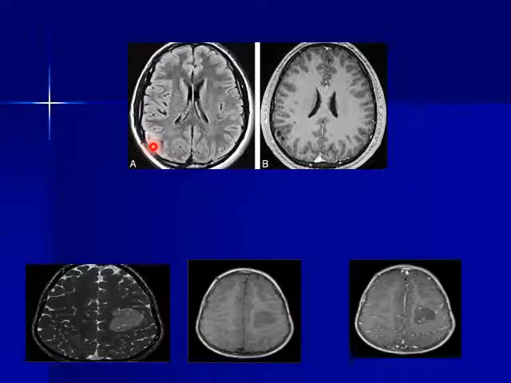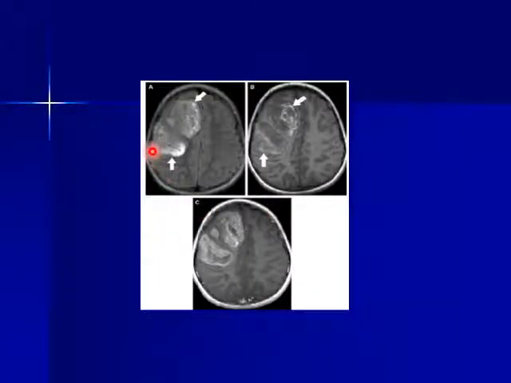Sometimes we can see extensions along the vessels toward the ventricles, because these are the planes of the medullary veins, and sometimes we can see T1 hyperintensities surrounding them and tiny cysts inside. Okay, it is a rare tumor, and I haven't seen such a tumor in my practice until now.